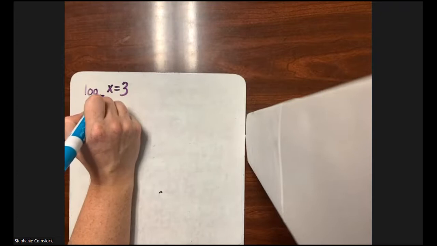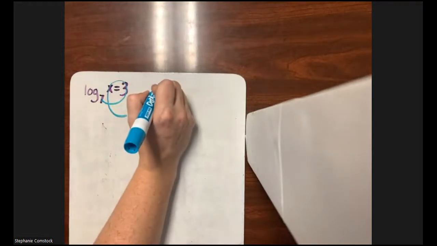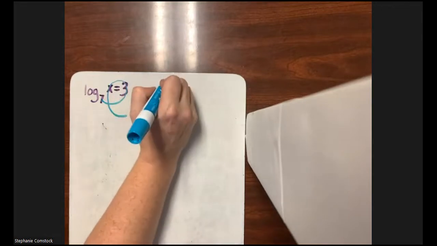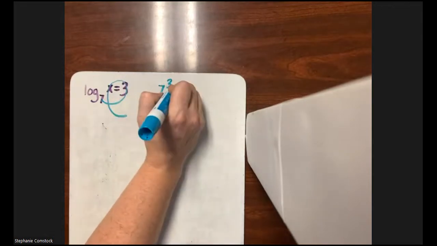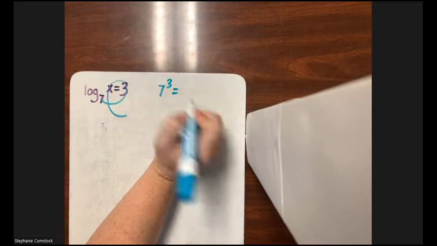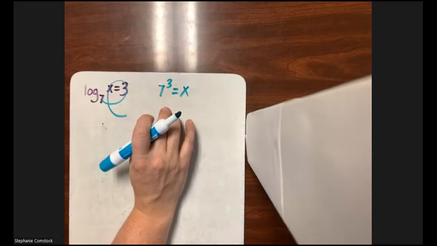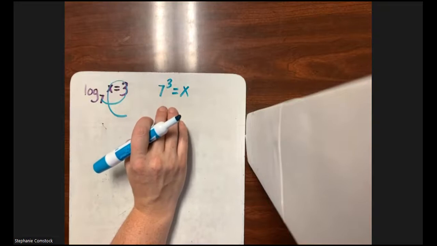I start with my pencil on the base and loop through, making a cursive E. The first thing my pen was on was the 7. The second thing I hit was 3, so that's my exponent. I write my equal sign, and then the last thing. So this is the equivalent exponential format.